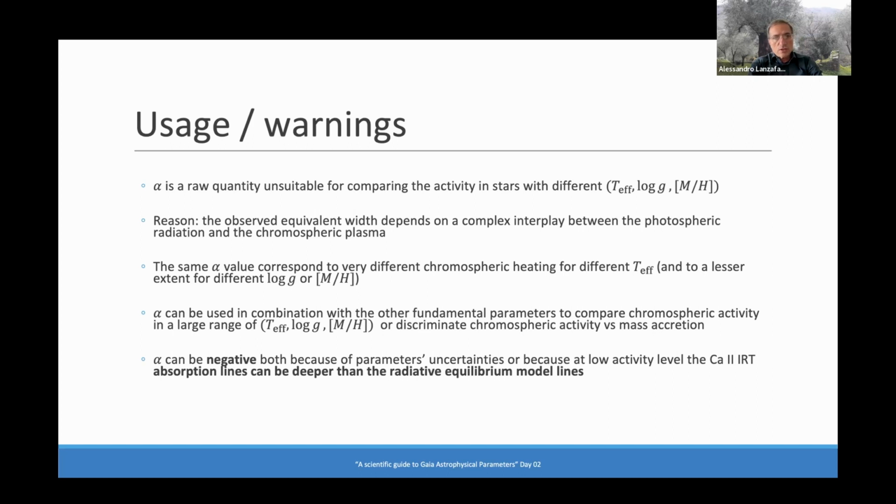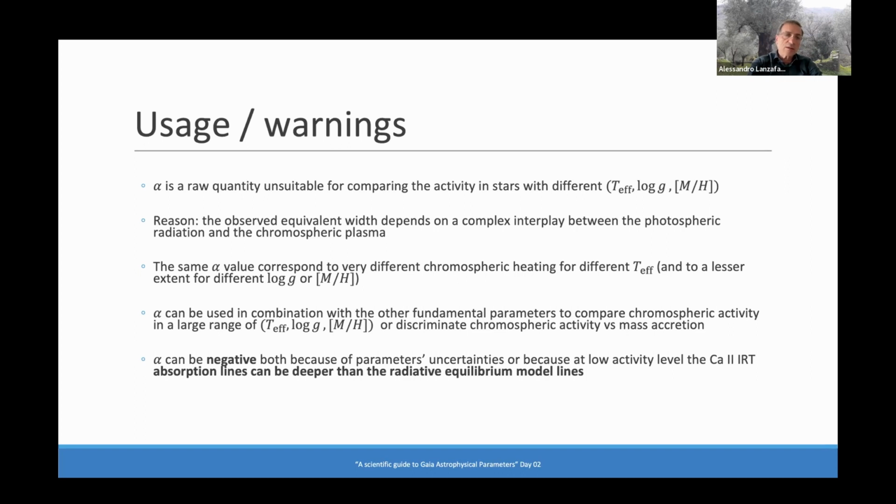The reason is that the observed equivalent width depends on a complex interplay between the photospheric radiation and the chromospheric plasma. So to make a long story short, when you look at the excess equivalent width of the line, the same alpha value, according to the definition I gave before, corresponds to very different chromospheric heating if the effective temperature in particular is very different.